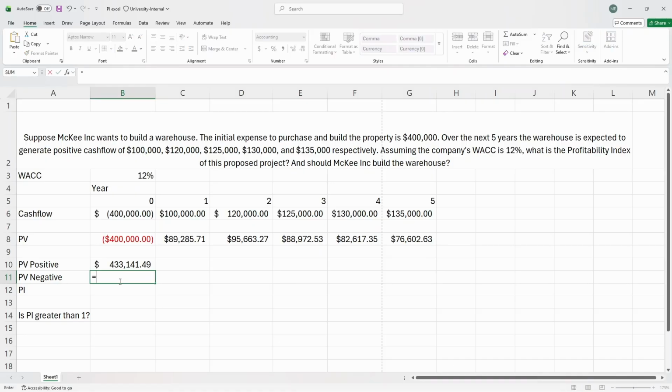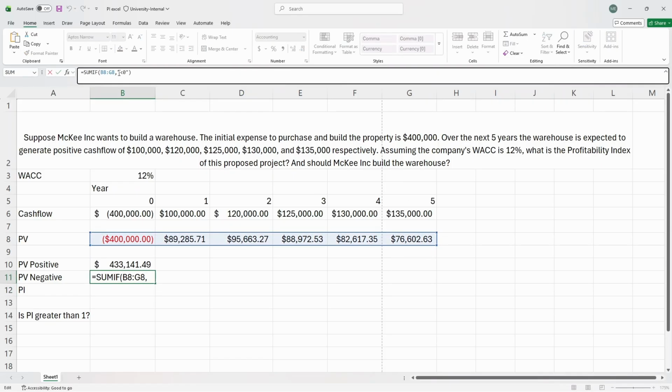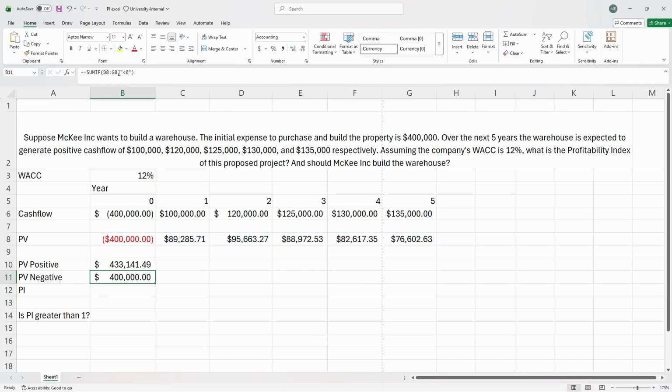I'll do the same thing on row 11, SUMIF my whole range, but now I want less than 0. So I want the negative cash flows. And I'm going to multiply this by -1 because I'm going to be dividing them in just a second.